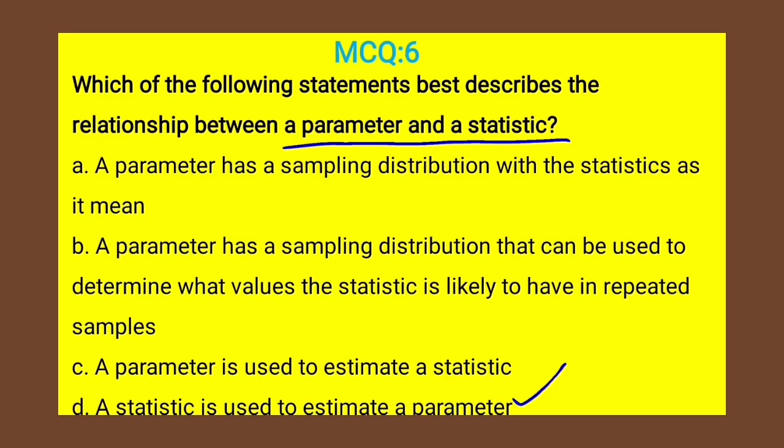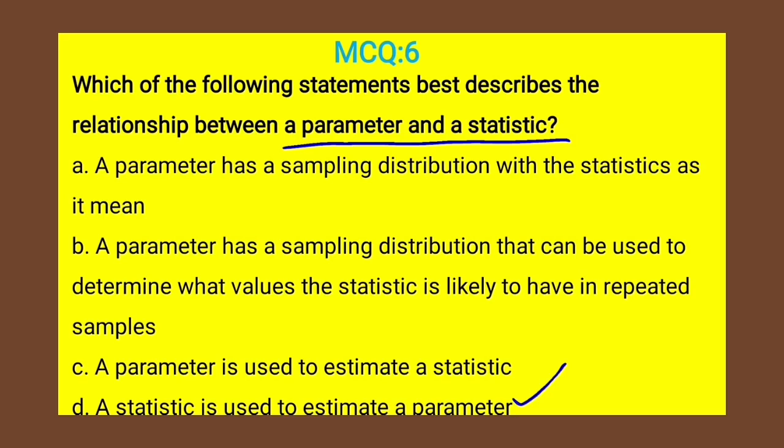We don't use a parameter to estimate, because how can you use the whole bigger population to study a smaller one? No, that wouldn't be so. So we use part of the population to study the bigger picture that you want to undertake. So here, a statistic is used to estimate a parameter. So let's take note of that.